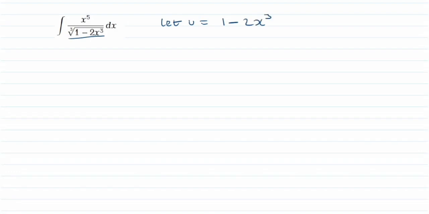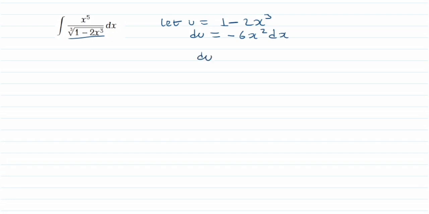Then we differentiate this, we're going to get du, which will be equal to the derivative of the constant, which is 0, then the derivative of negative 2x power 3 is giving us negative 6x power 2 dx.